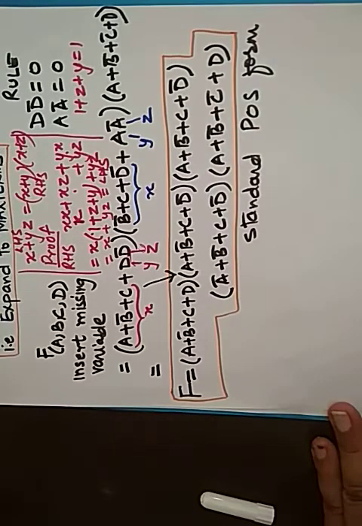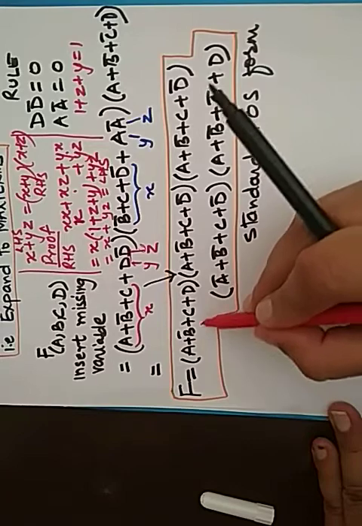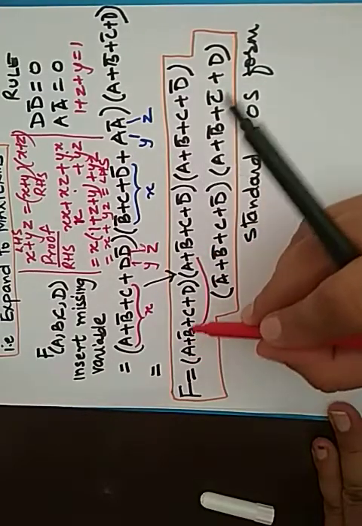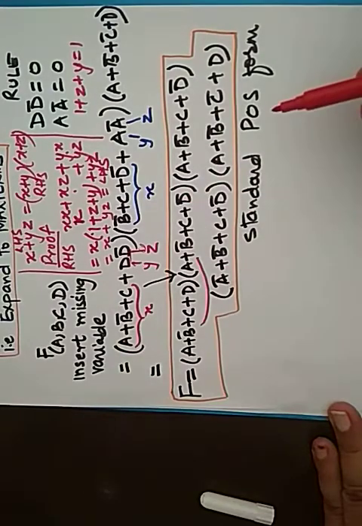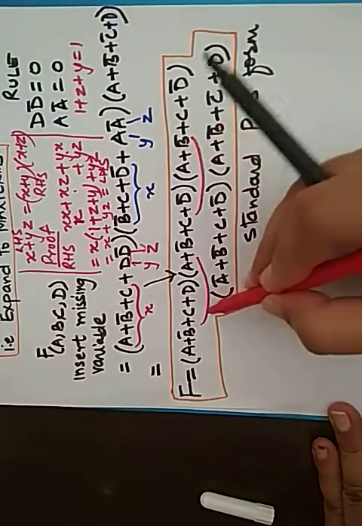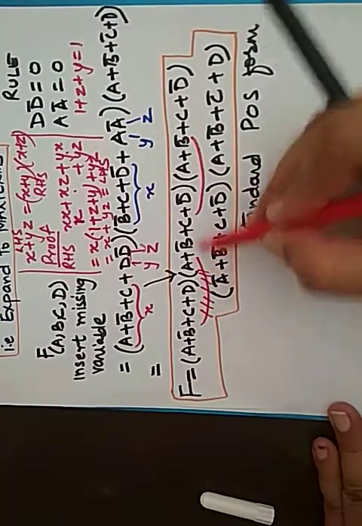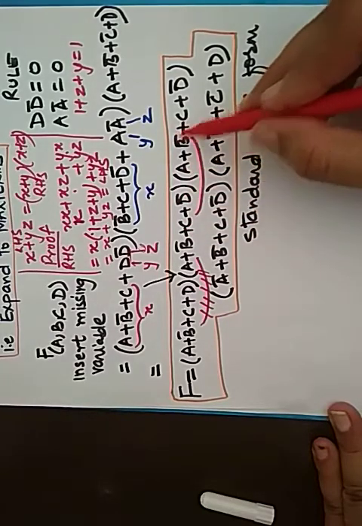So if you see carefully, this term and this term, a plus b bar plus c plus d bar. No, this is not the same. These two are the same, this and this. So this is not the same. A plus b bar plus c plus d bar, a b bar c d bar.